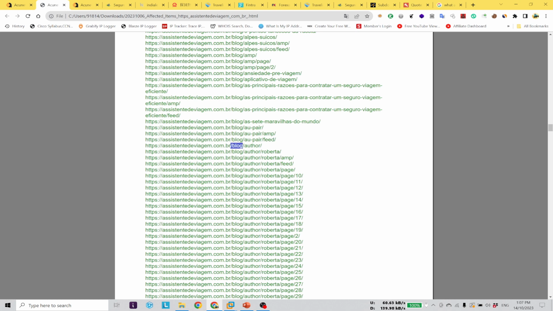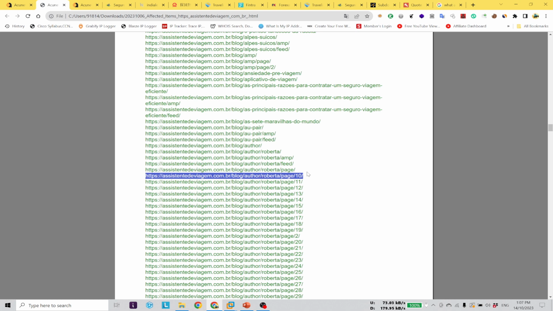Under this main directory, it has a subdirectory, that is author. Similarly, we can go on and find out many things. Here it has found first blog, then blog is the main directory, author is the subdirectory. Again in this author subdirectory, there is another directory, and these are pages and more and more.